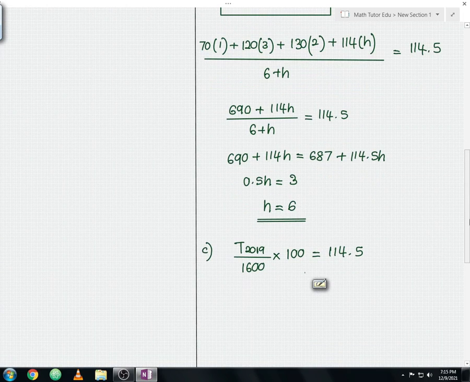Okay, so to find the total expenses of stationery in the year 2019, what you do, 114.5 you times with 1600 and you divide with 100. So let me underline this fraction.